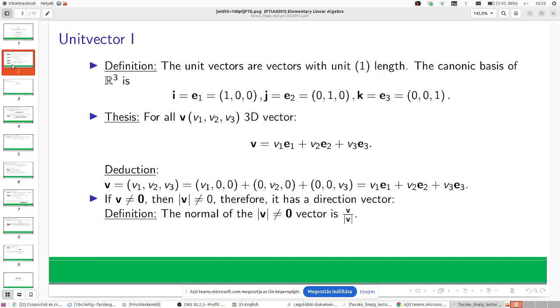Then you can decompose this vector into two vectors: v1 times e1, and this one is v2 times e2.